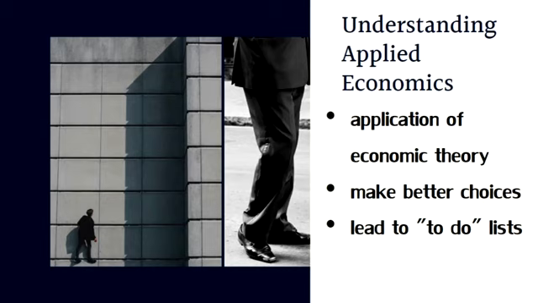So if economics is the science of studying how people use various limited means available to them to achieve given ends, then applied economics is the tool to help choose the best means to reach those ends.